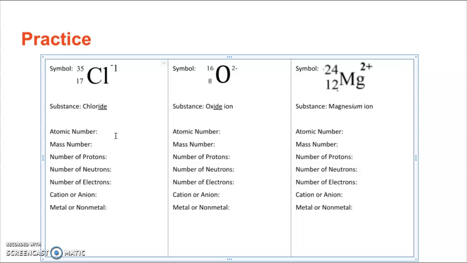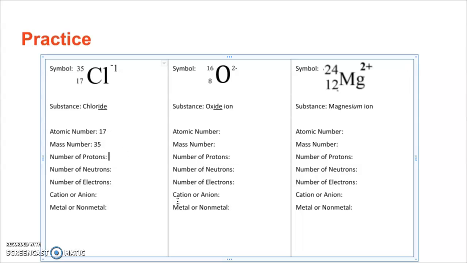I know I can find my atomic number by looking in my bottom left-hand corner. So my atomic number for chlorine is 17. I know that my mass number is my number on top. So my mass number for this ion is 35. How I find my number of protons is exactly how I've been finding it in the past. My atomic number tells me the number of protons.